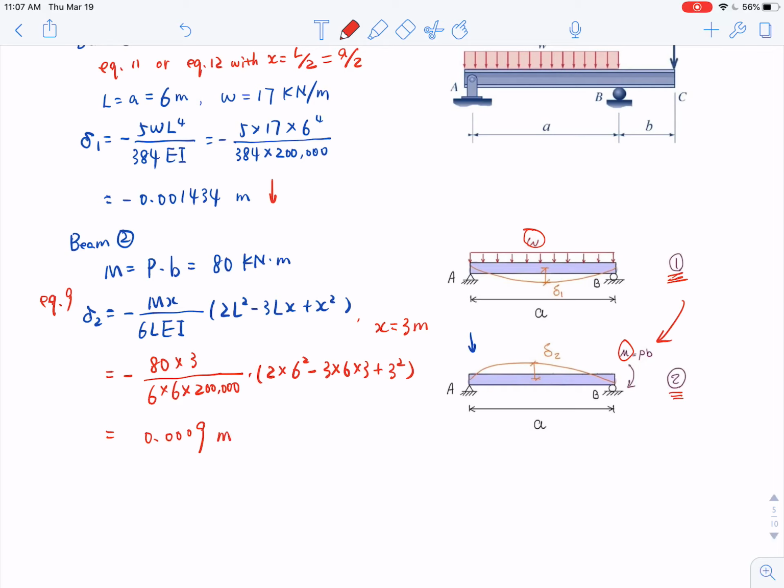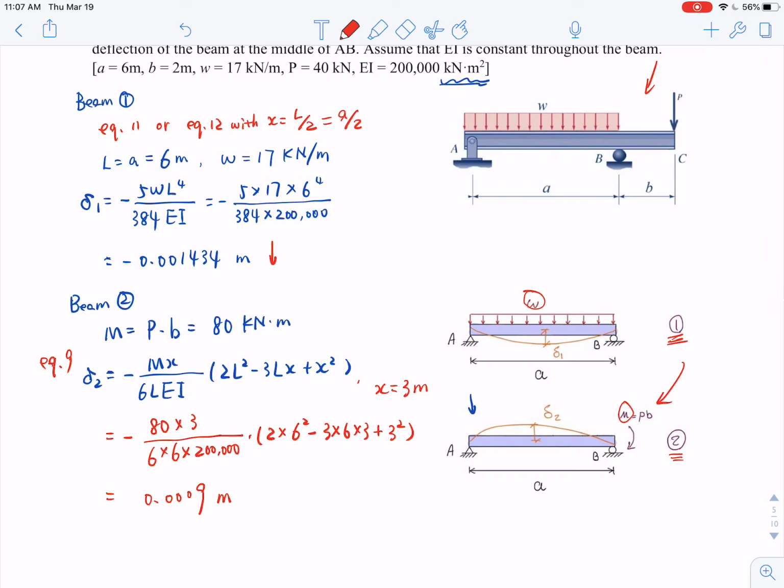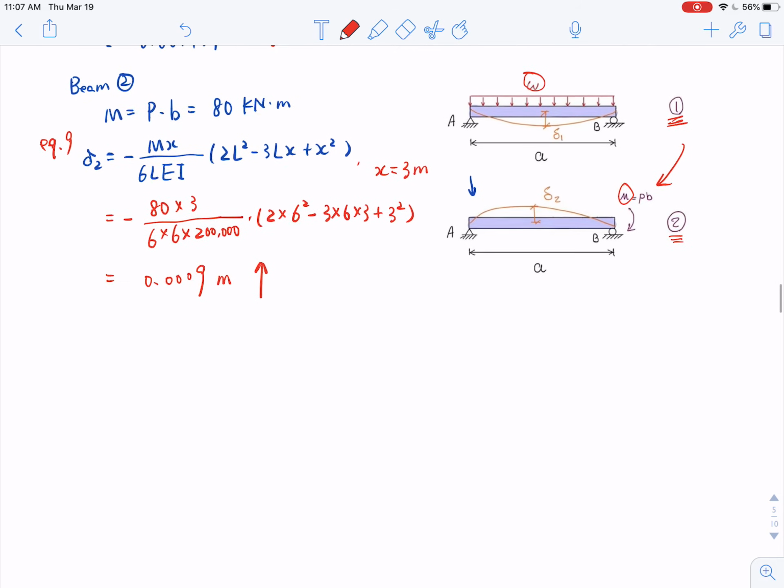So the result would be 0.0009 meter. Again, the sign here is not that important, since you just need to understand what is happening. When you add this bending moment at the right end, it will be curled up, so this deflection will be upward. You just need to use an upward sign to denote the deflection.